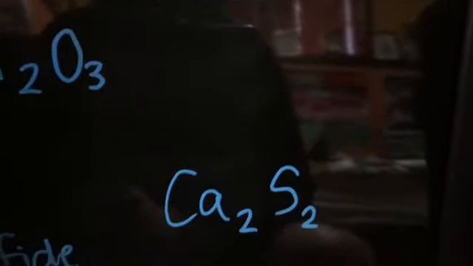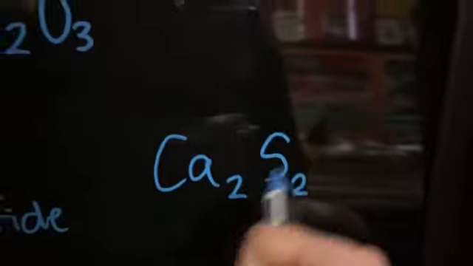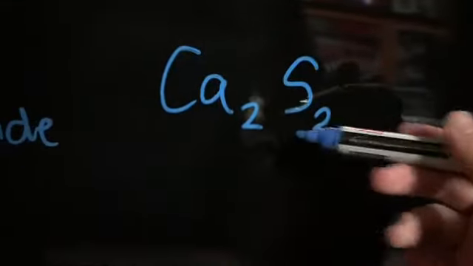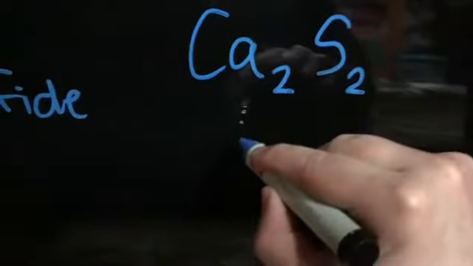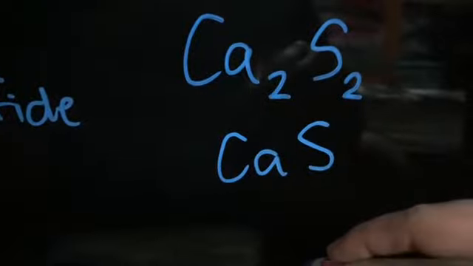Now I don't know how well you might remember things like reducing fractions. We can do the same thing with ionic compounds. So instead of Ca2S2, we can divide both of these by 2, and we would just get CaS.